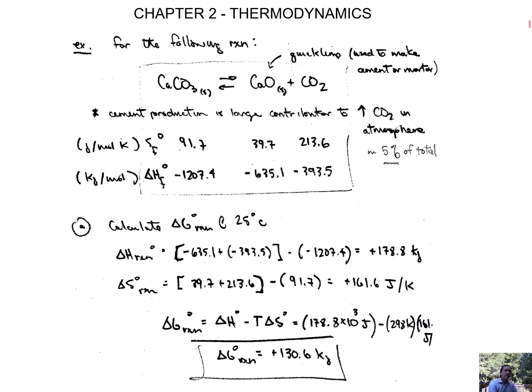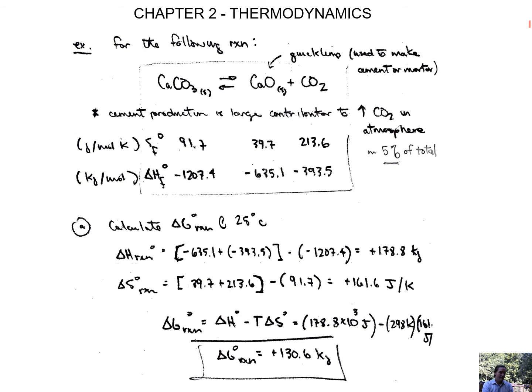So let's finish up this section by doing an example and using our new set of equations to determine different aspects of the following reaction. So the Romans, over 2,000 years ago, discovered that if they were to mine calcium carbonate, heat it up, they could produce a substance, calcium oxide or quicklime, that could be used in cements and mortars to build buildings and other structures.